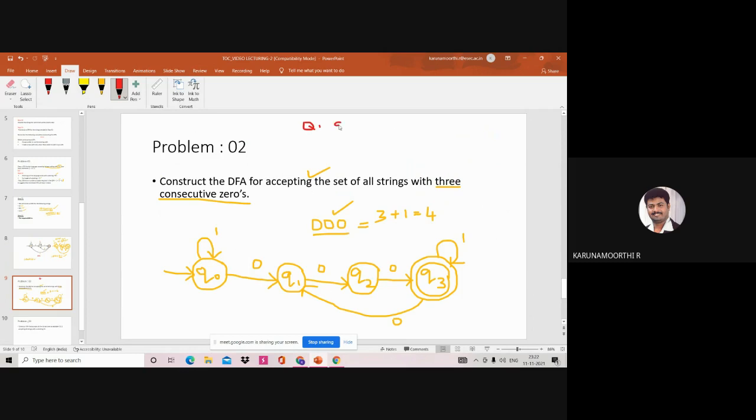From Q0 to Q3. So this is your finite set of states. Then what is the alphabet? What is the input symbol here? 0, 1. So 0 comma 1 is my alphabet. And which one is the start state? Q naught is my start state.